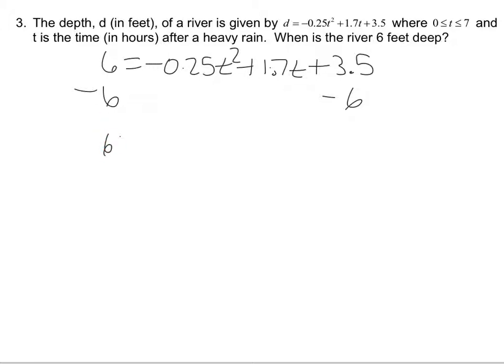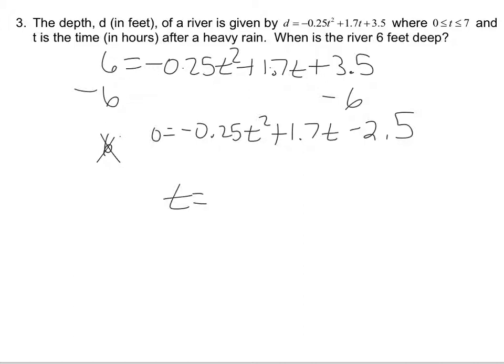So you would get 0 equals negative 0.25t squared plus 1.7t minus 2.5. Okay. And again, just use the quadratic formula or plug in your calculator, graph, and find it. So go ahead and do that. If you did, you should have gotten t equals 1.50 hours. Okay?